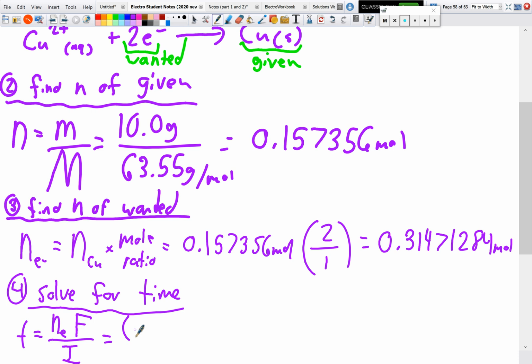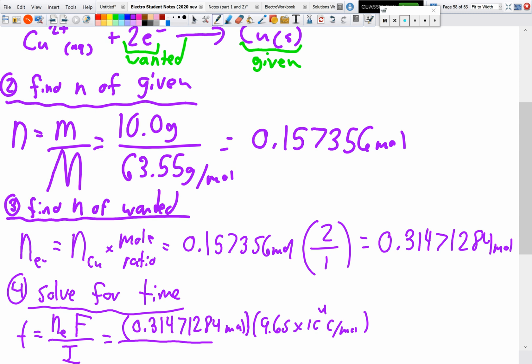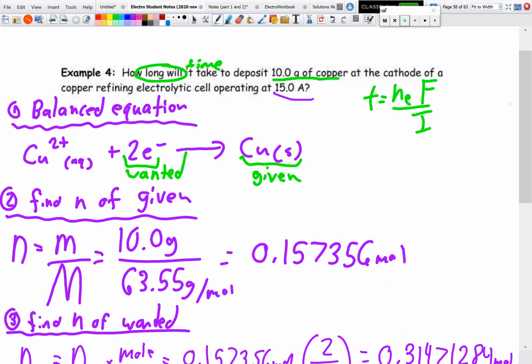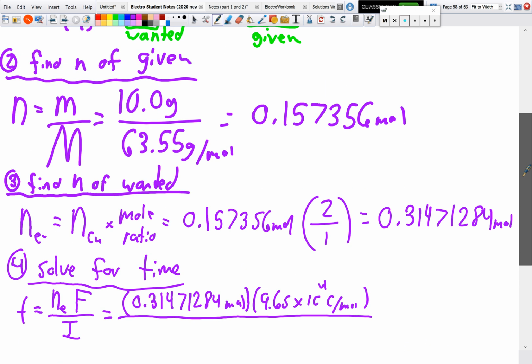The number of moles of electrons we just solved for, Faraday's constant is always given, and of course, current is given in the question, scroll up here, at 15 amps. And just like before, of course, we are going to get an answer in seconds.